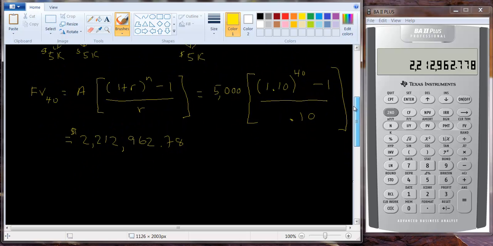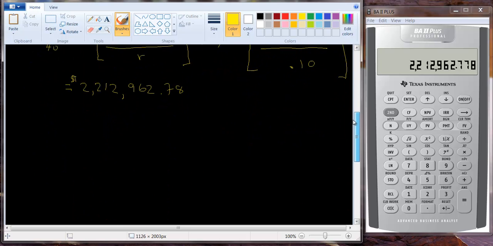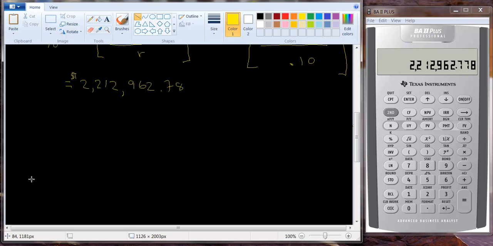Okay, so now we know how much you have in your account. Now the question is, how much can you take out for 30 years? So let me draw a new picture to help illustrate that. So here we have the case where we say, okay, here we are, it's year 40, and let me draw a couple more of these in.